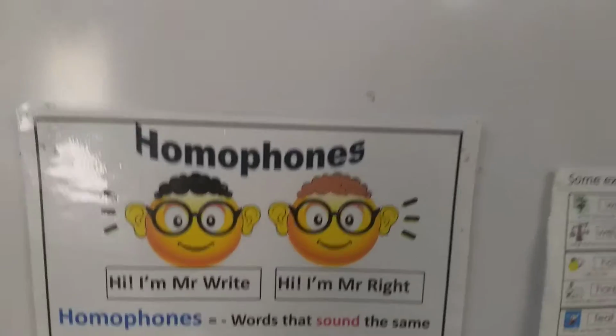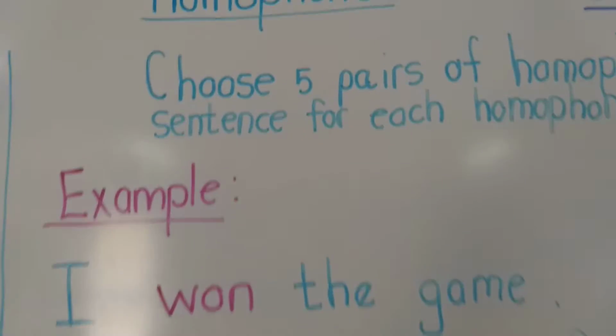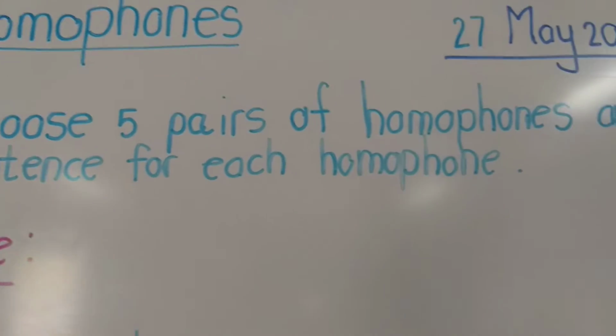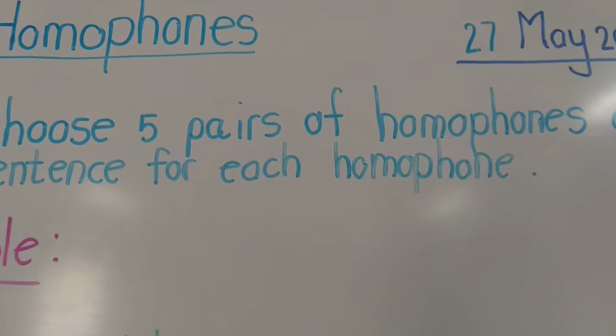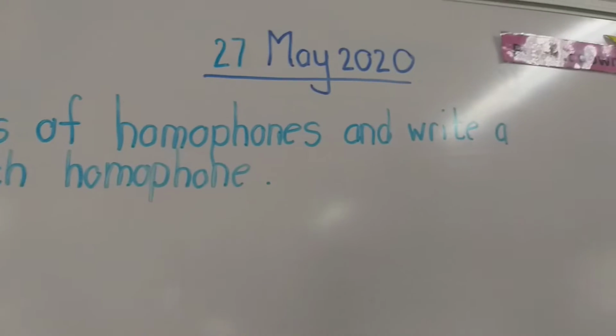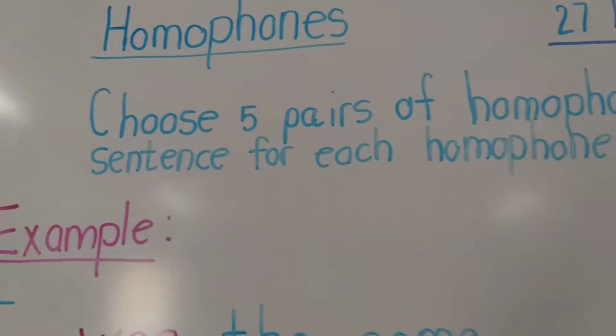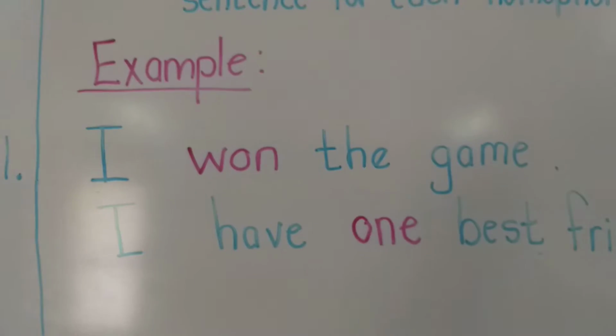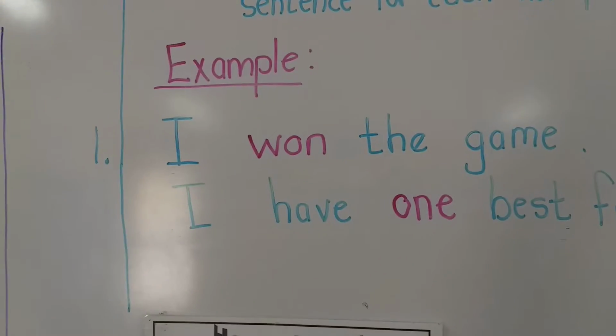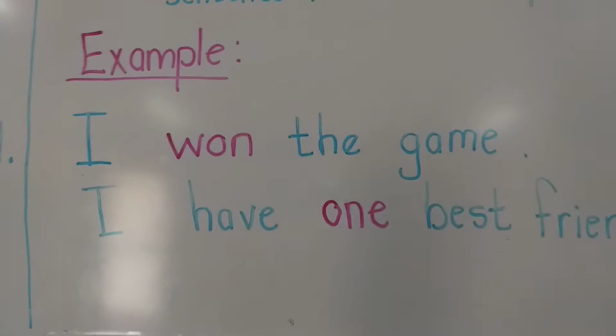So what I want you to do for your sentences today, you're going to choose 5 pairs of homophones. 5 pairs, okay? That means 10 altogether. And write a sentence for each homophone. So have a look at the example. Here is your first example.